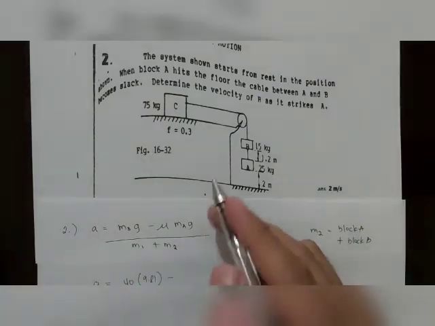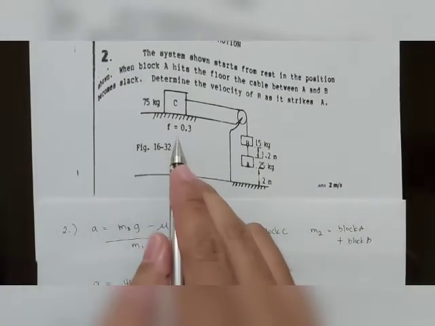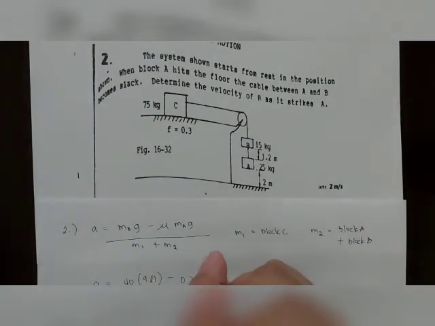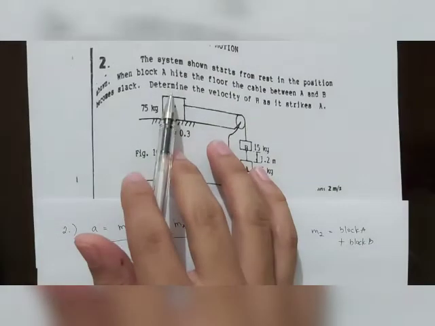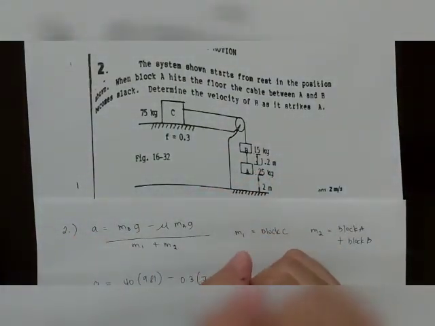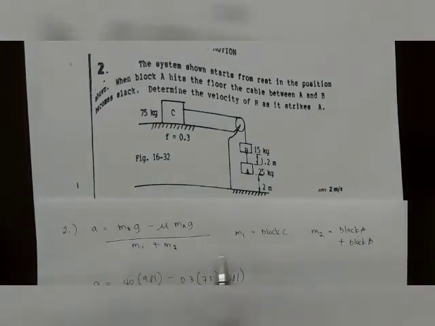Minus, yung mu natin is given, which is 0.3 times, so yung mass A, ito yun, 75 times 9.81 all over, so yung mass 1 plus mass 2 natin, which is 75 plus 15 plus 25.